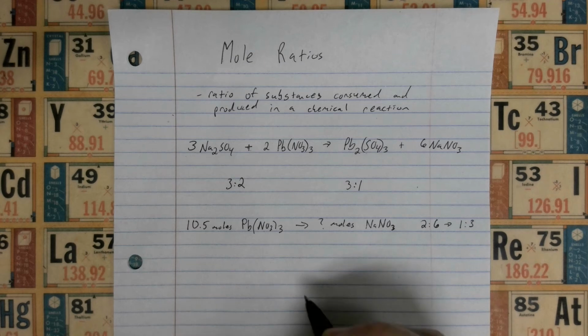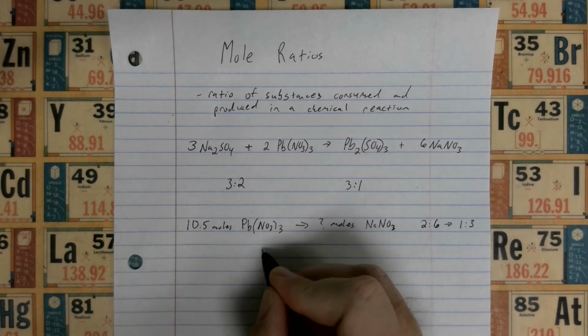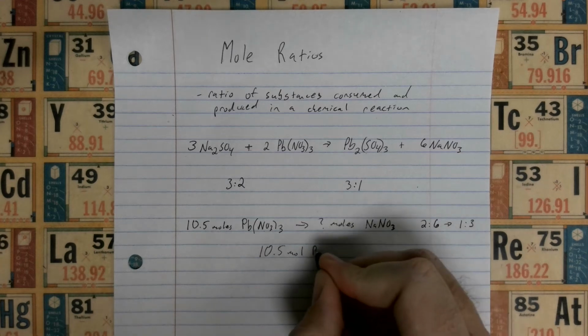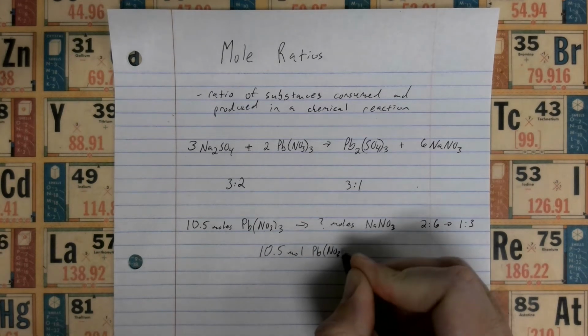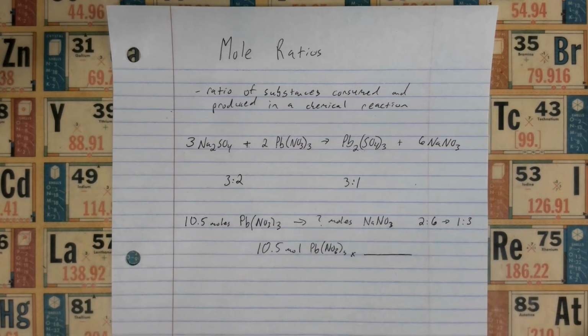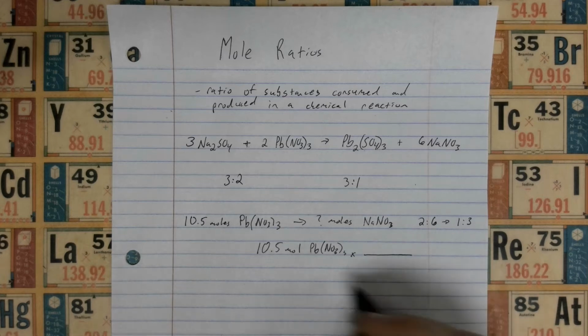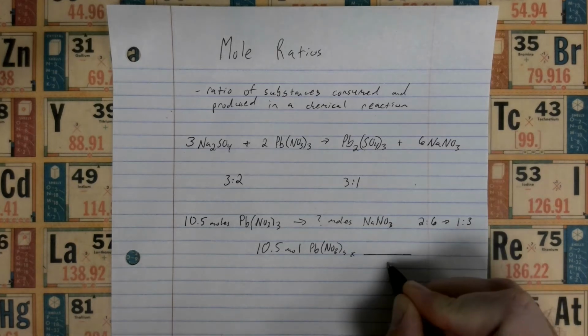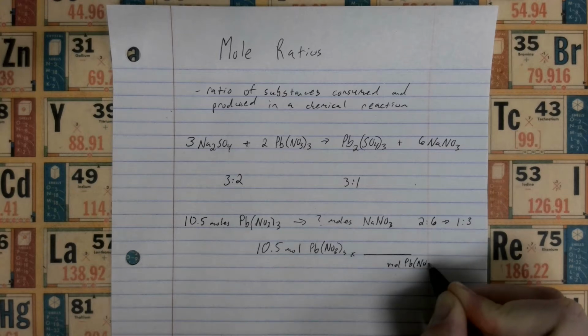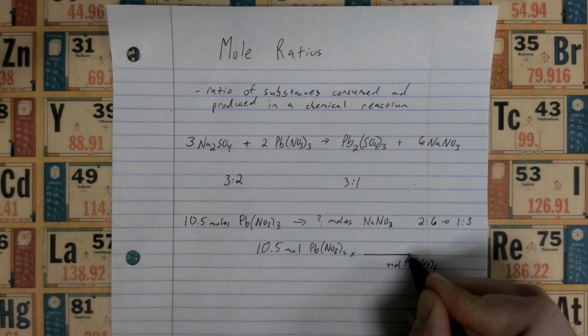So here's how you would set up the problem. 10.5 moles of Pb(NO3)2, and then I'm going to set up a fraction problem like we've been doing with moles. I'm going to put moles of the lead nitrate on the bottom, and on top is going to be what I'm wanting.